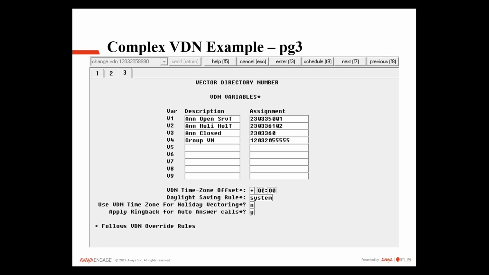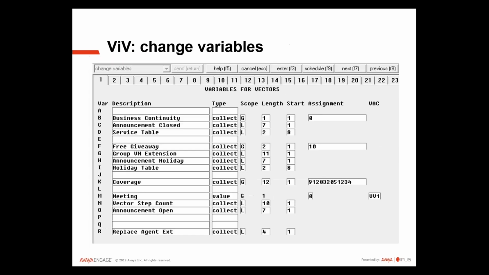So as I said before, our open announcement was 7 digits in length and started in spot 1, and the tables are 2 digits and start in spot 8.